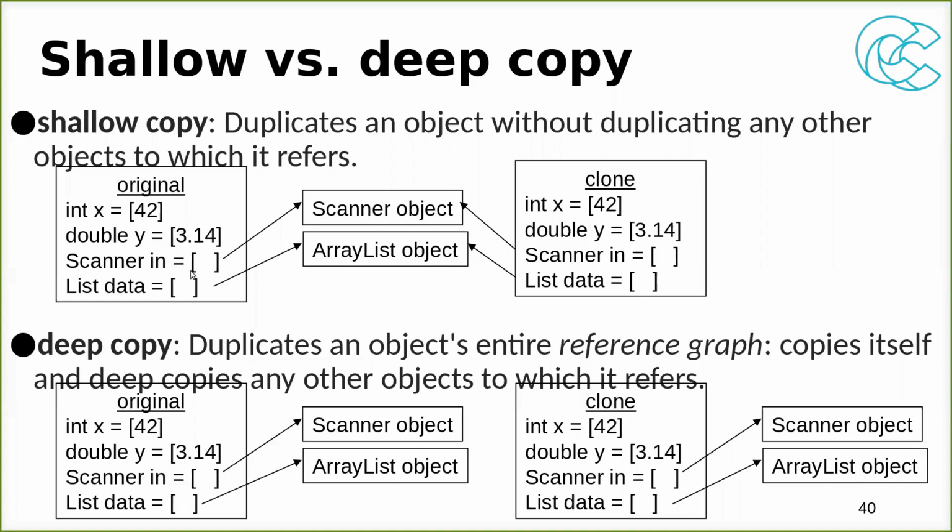So you have in and data, which are non-primitive data types, and using clone, you made a copy, but it has copied the reference and not the value. So the disadvantage in this case is, let's say you change the list in the clone, then the original list would also get changed, which is not perhaps what you wanted, right? So they both are now pointing to the same memory location here. So that's the issue with the shallow copy.